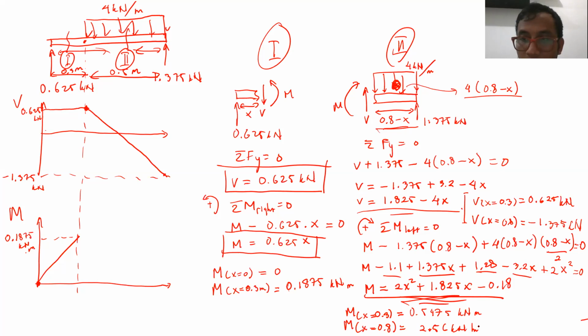Ah, yeah, this one is supposed to be minus. That's the mistake that I made. Okay, let's try again. At 0.3, 0.3 square multiplied by minus 2.